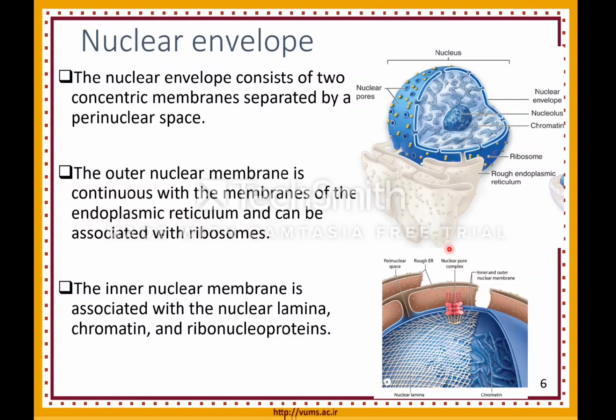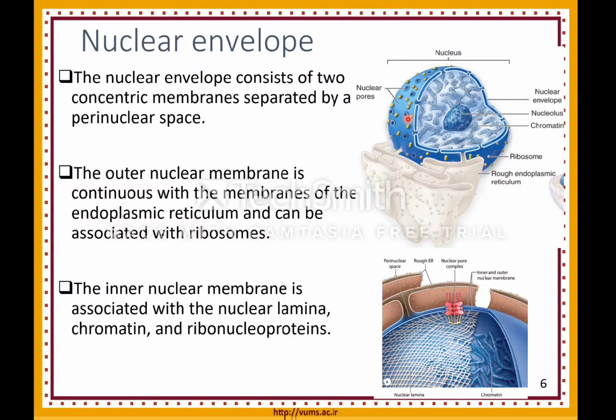The nuclear envelope or nuclear membrane consists of two concentric membranes that are separated by the perinuclear space, and in the nuclear envelope there are nuclear pores.